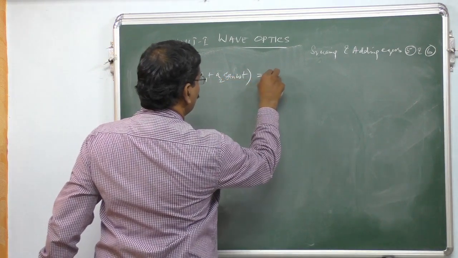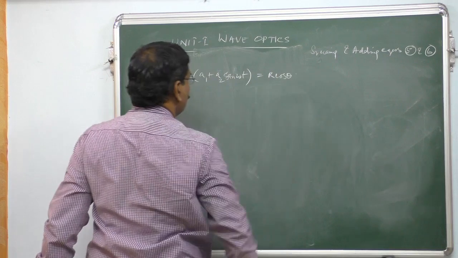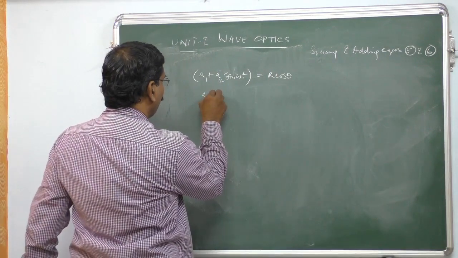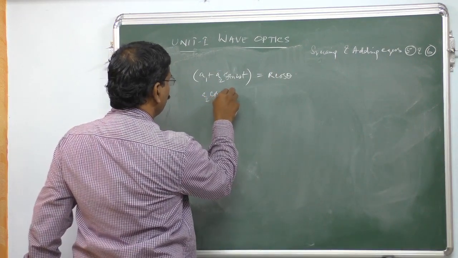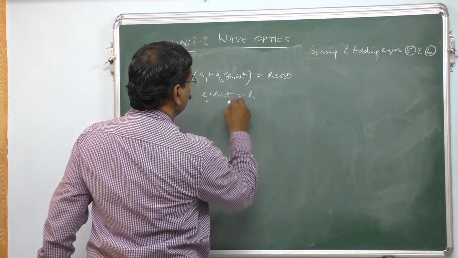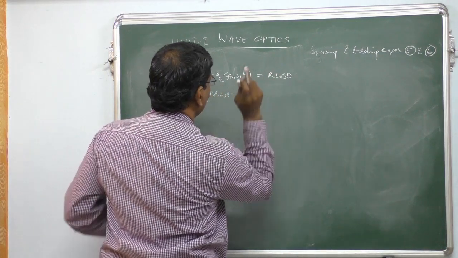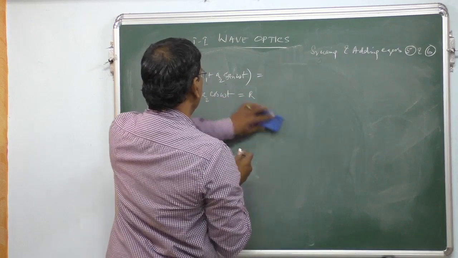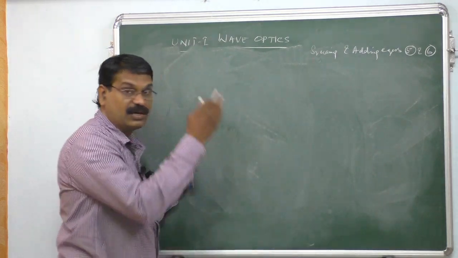What did we assume? We assumed R cos theta. And A2 sin phi cos omega t we assumed R sin theta. A1 plus A2 cos phi sin omega t we assumed R cos theta. Look carefully at equations 5 and 6.